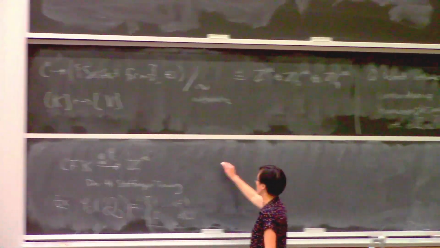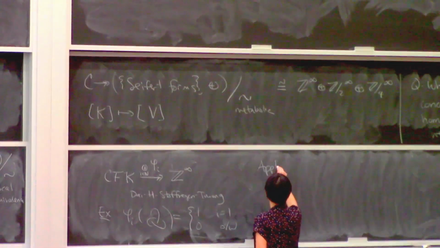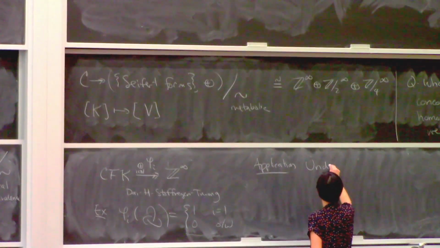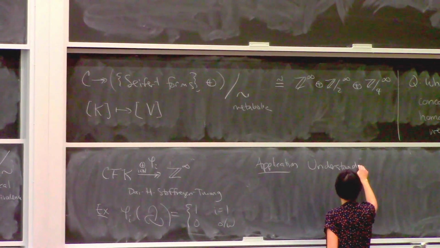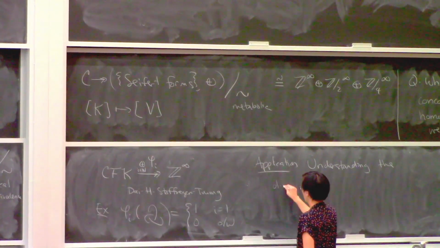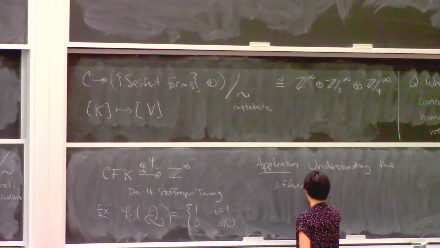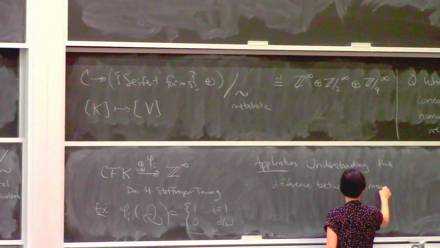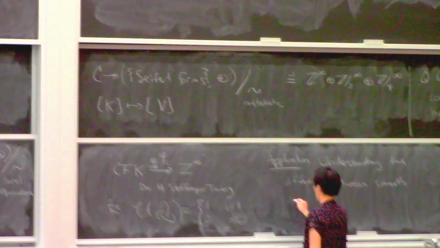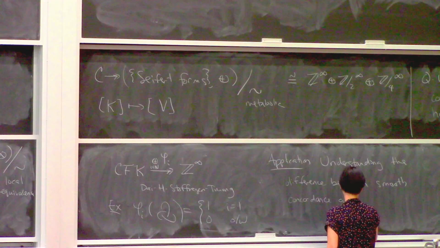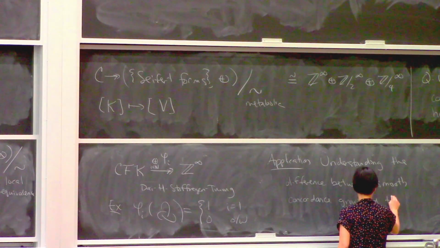So one application is understanding the difference between the smooth concordance group and the topological concordance group.